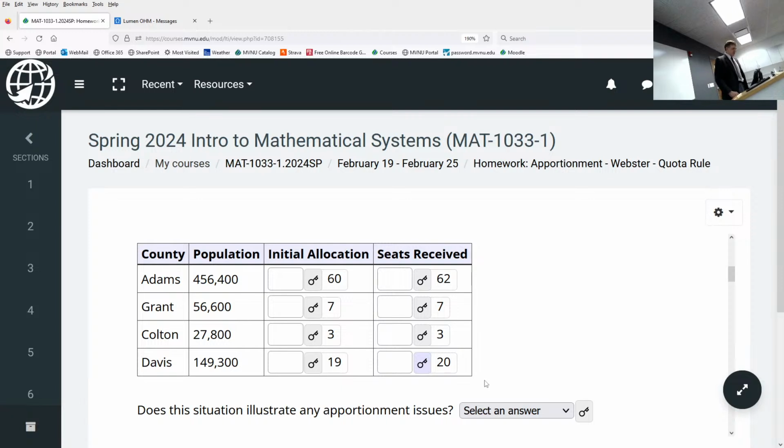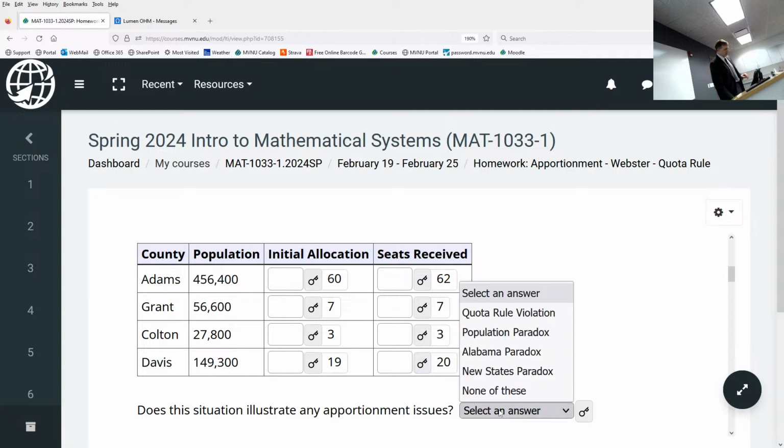Now, as far as the apportionment issues go, the only ones that would have the population, Alabama, or new states paradox would be Hamilton. So Hamilton would be one of these three. Since this is Jefferson, it'll either be a quota rule violation or not.